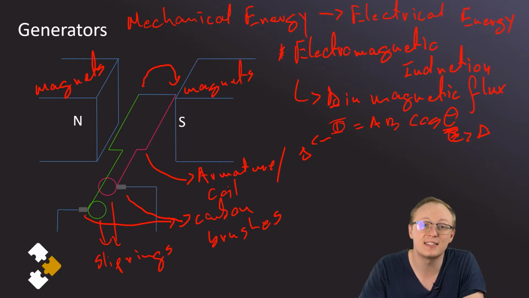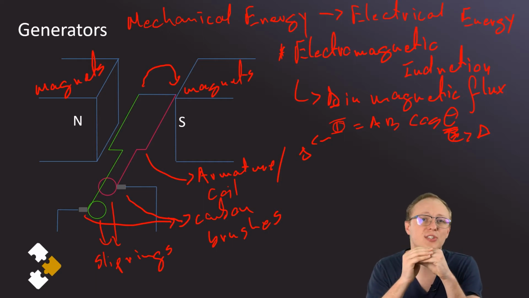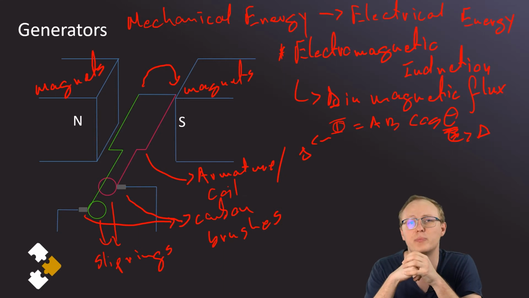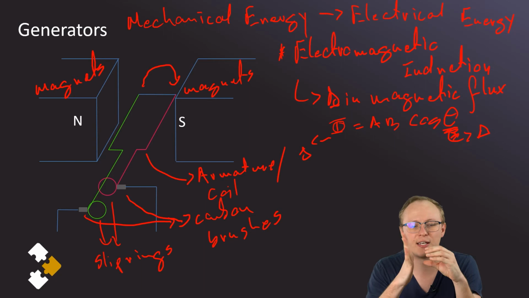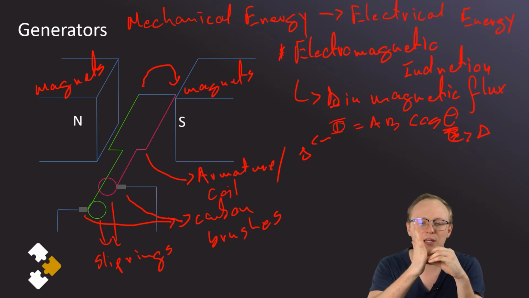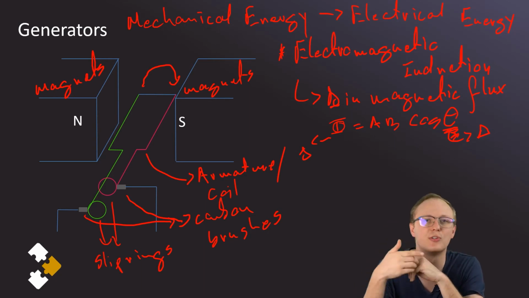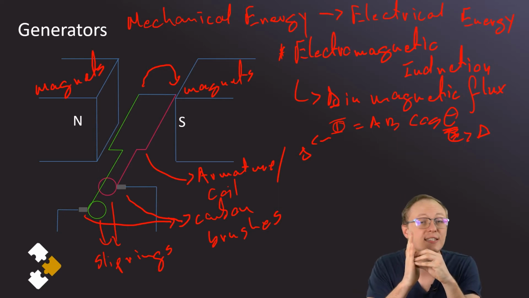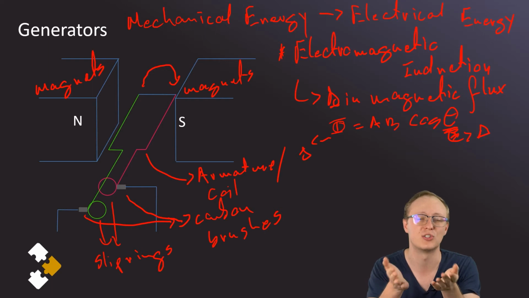Now, through the slip rings, the armature is connected to the brushes. So those carbon brushes are able to conduct electricity. They'll be made of graphite, which is a particular allotrope of carbon that conducts electricity. And what's happening is those slip rings, as the armature rotates, are going to be sliding against the brushes so that they're constantly in contact with those brushes.